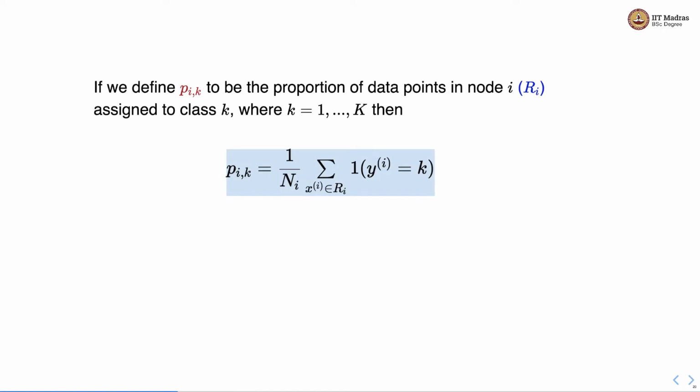So this is basically the proportion of points that are labeled with label k. Ni is the total number of samples in the region, and here this particular expression tells us the points that are labeled with class k, and we sum over this. So this gives us the total number of points with label k, and we divide it by the number of samples in region Ri. That gives us the value of Pik.